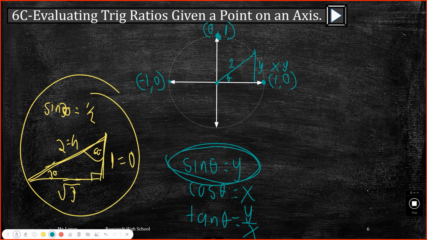Sine of 90 degrees is what? And what's cosine of 90 degrees? What's cosine of 180? What's cosine of 180 degrees?